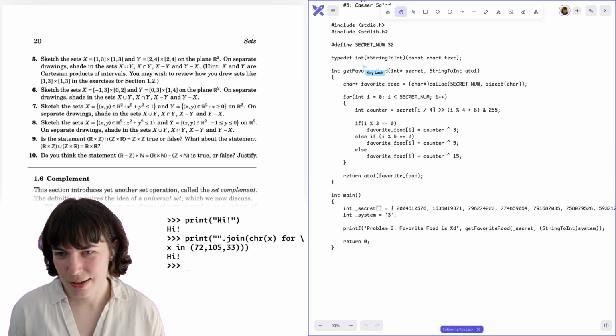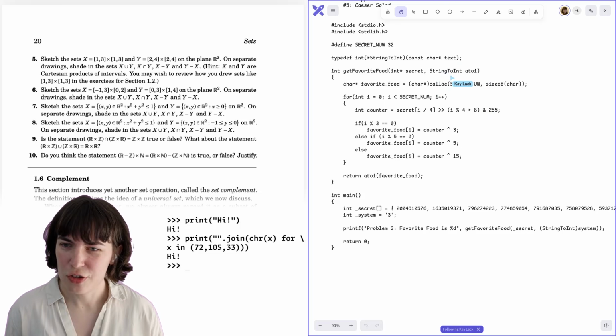String to int is doing something. That would be casting in another language. So maybe it is here. And a string to int is a type. Don't know enough about C to know what that does.